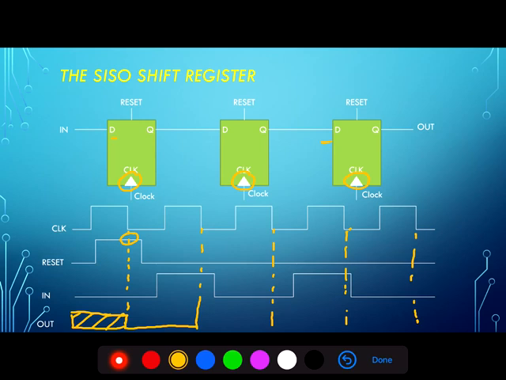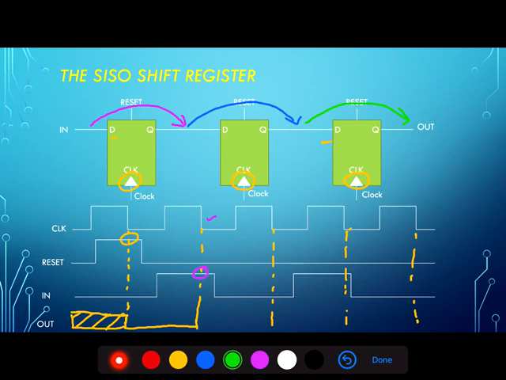Now what we note here also on the first trailing edge after reset, right here at this trailing edge of the clock, is that the input has now shifted to a high value, which means a high value will then transfer from the D or the input of that first register to the output Q. Now that change won't show up at the output until we transfer it 2 more times, or go through 2 more clock cycles.